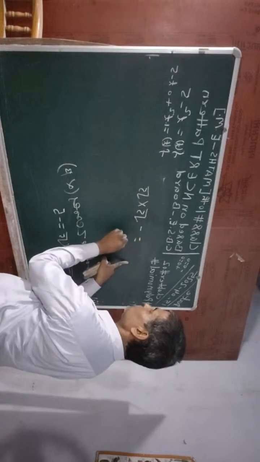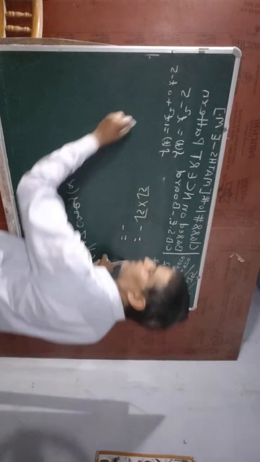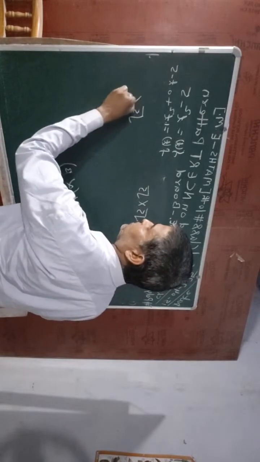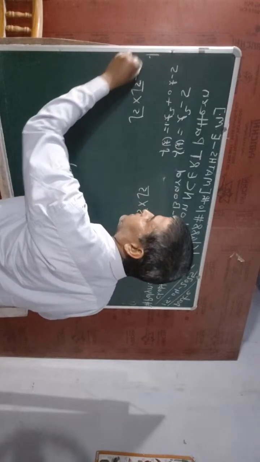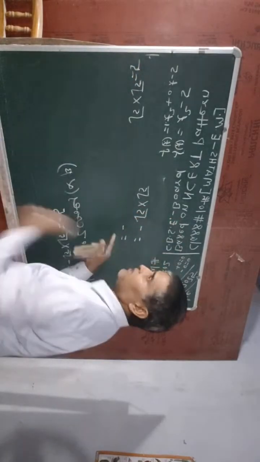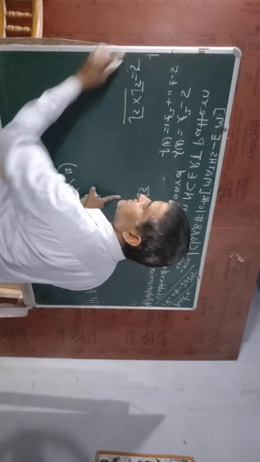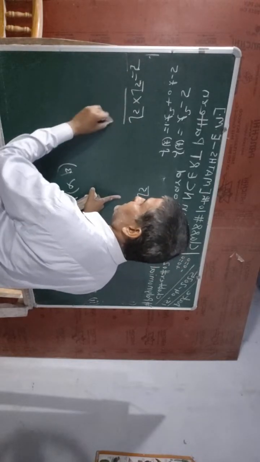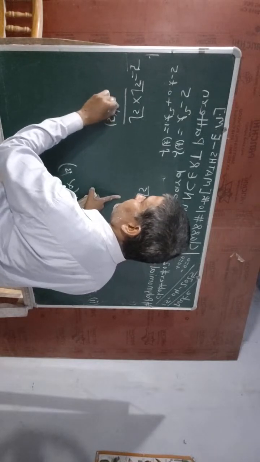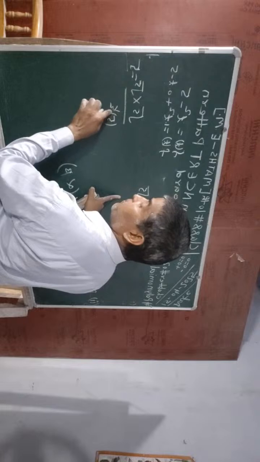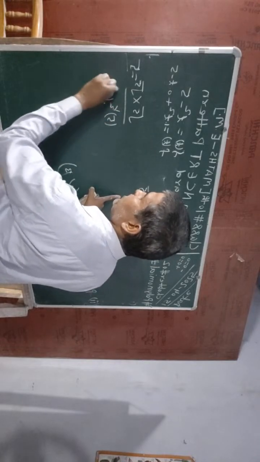So I will put minus, and root 5 into root 5 will become 5, because this is the left hand side, this is the right hand side. So I am taking the left hand side. In the place of root 5, in the place of power I will put 1 by 2, into 5 to the power 1 by 2.